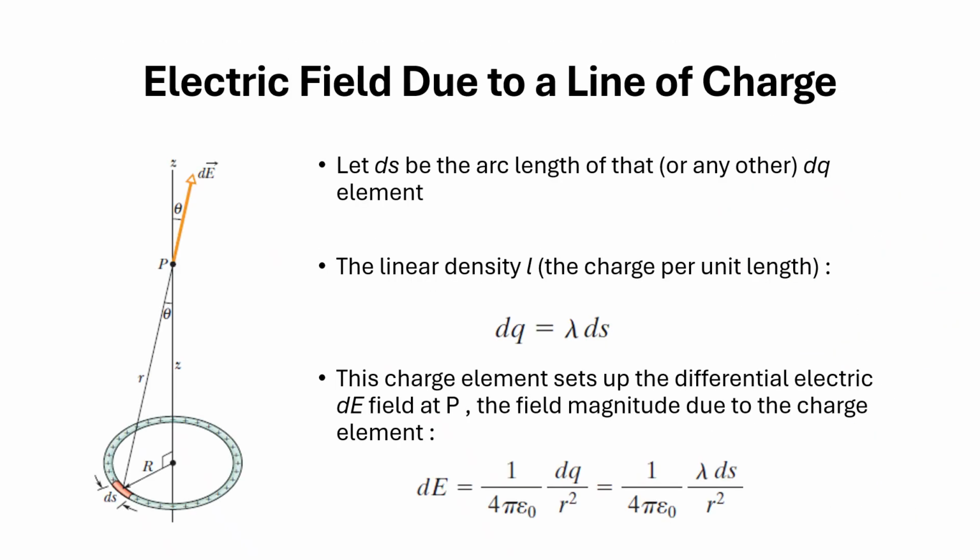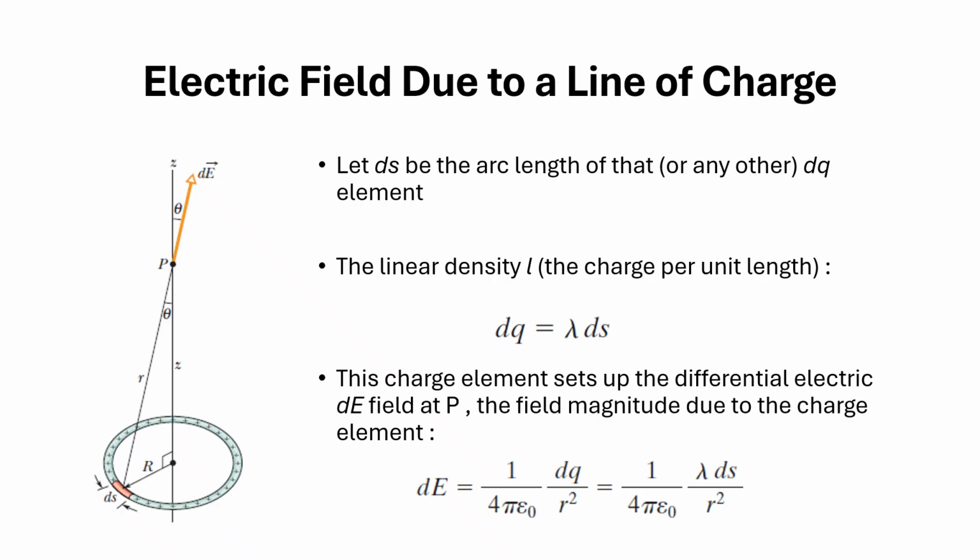We look into the first example. To find the electric field due to a line of charge, imagine that you have this ring. From the center of the ring, you have the radius R. Then the charge is distributed along this ring.